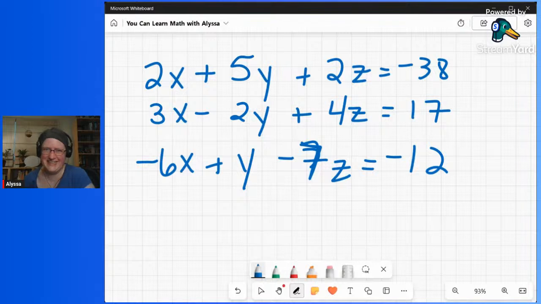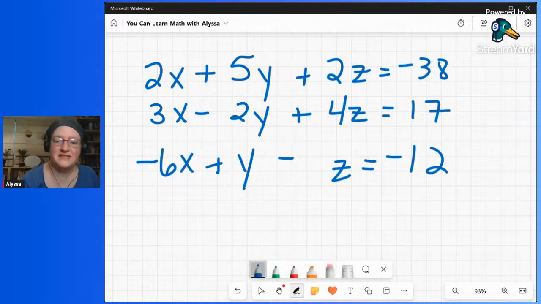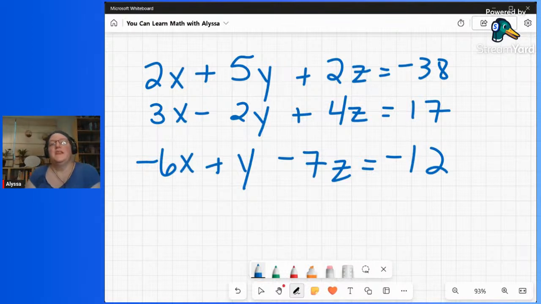This kind of problem is methodical and long, but you have to be careful about what you're doing. You have to do the same sort of elimination and substitution, but you have to do it multiple times, very methodically and very carefully.